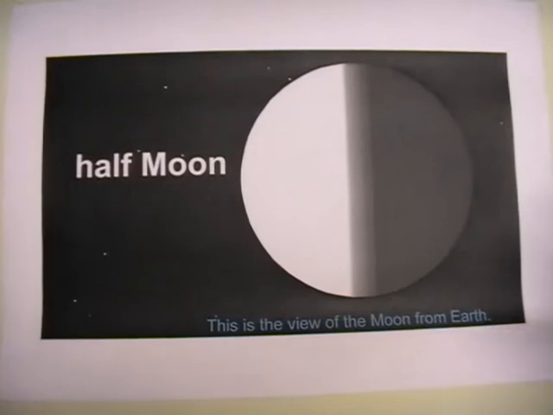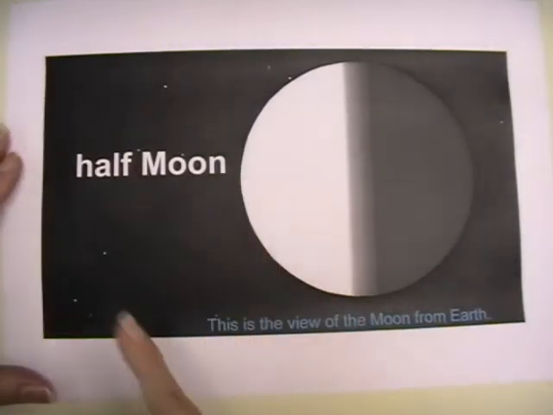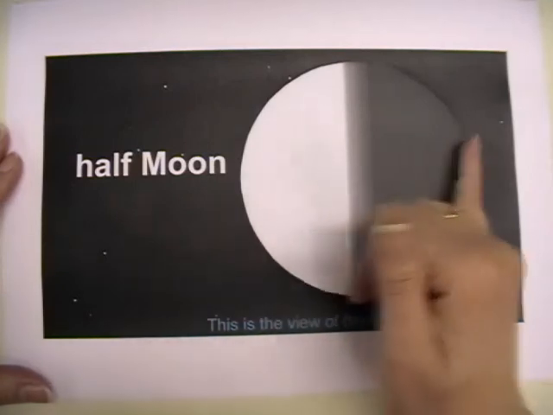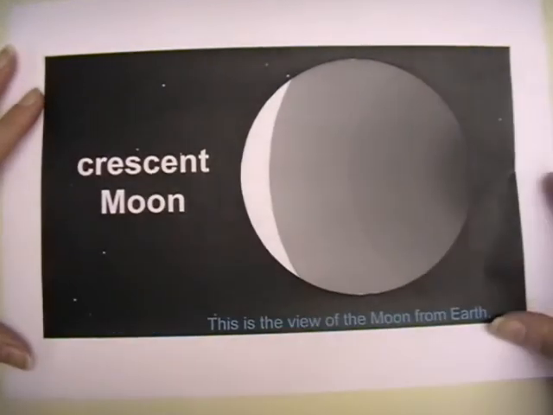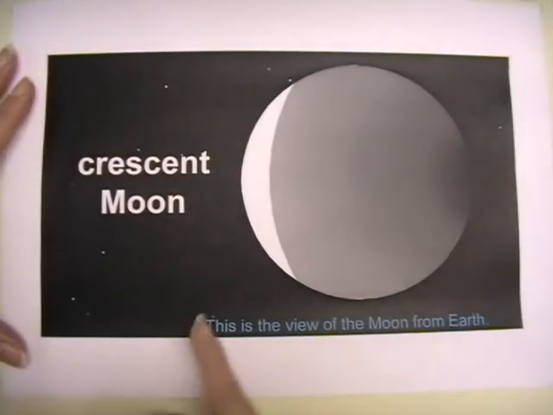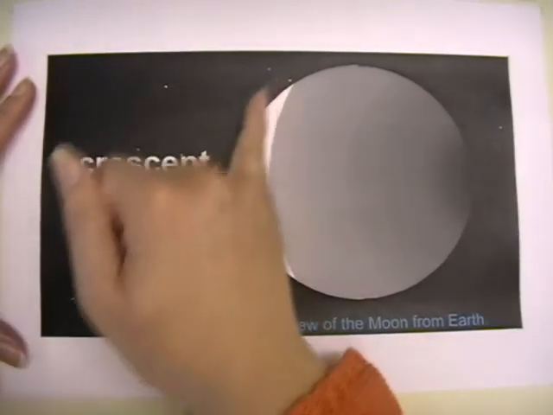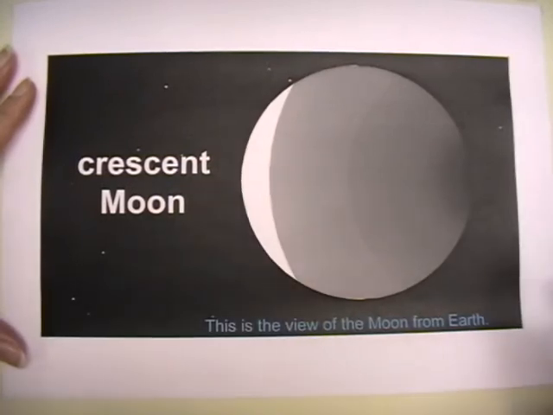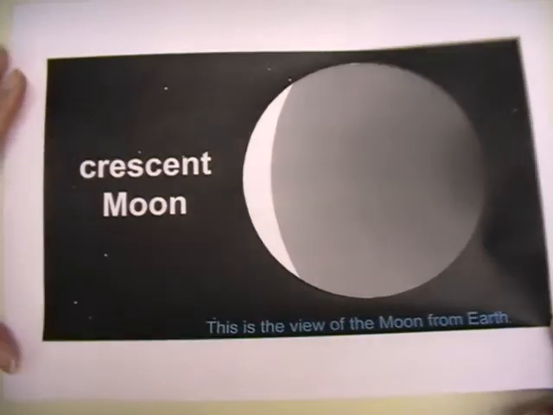The half moon is where the moon has moved further round in its pathway and the other half of the moon is now reflecting to Earth and this half is in shadow. And finally, last phase is the crescent moon, where only a tiny crescent of the moon reflects the sun onto Earth.